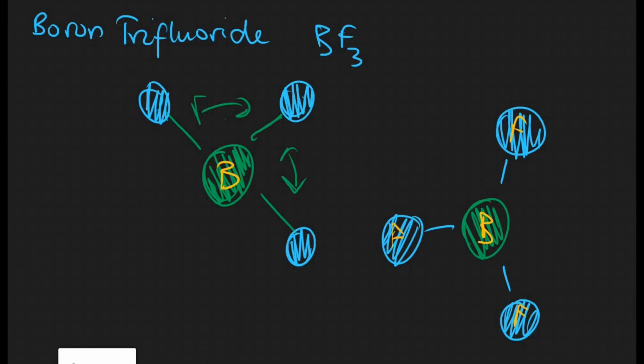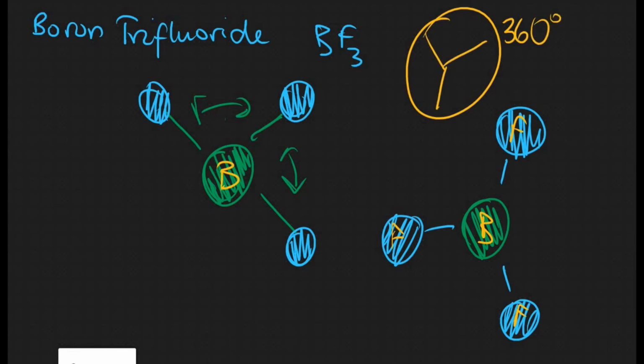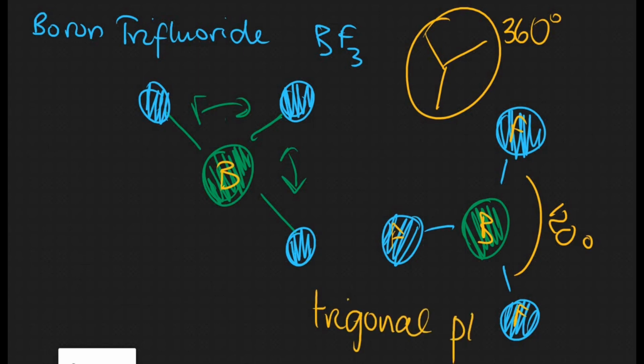It's easy to remember because a circle has 360 degrees, and if we divide 360 into 3 equal parts, then we would get 120 degrees. So the bond angle of something that is trigonal planar is 120 degrees. All right, so that would be, for example, boron trifluoride.